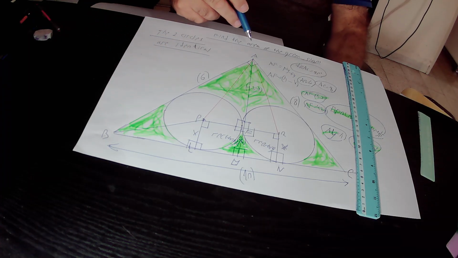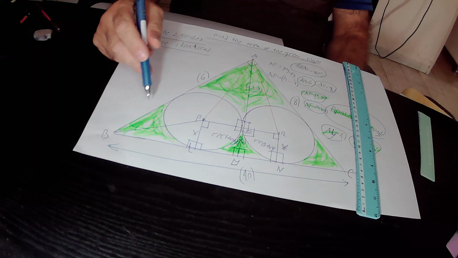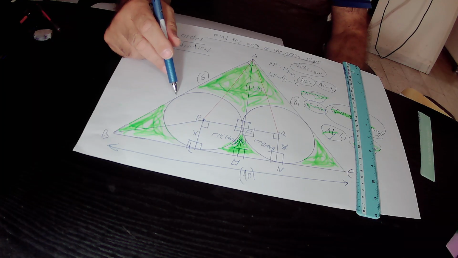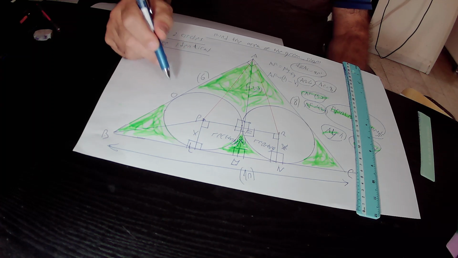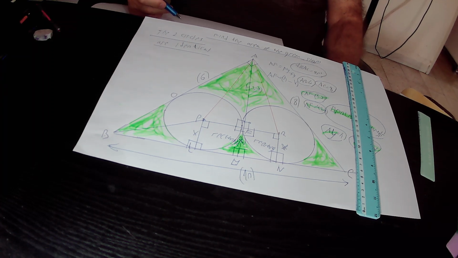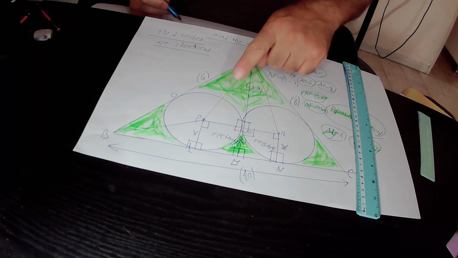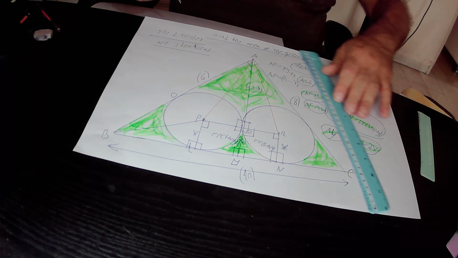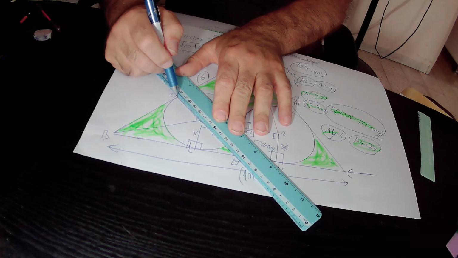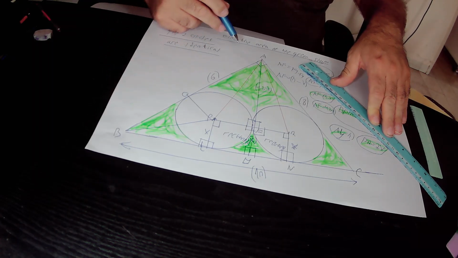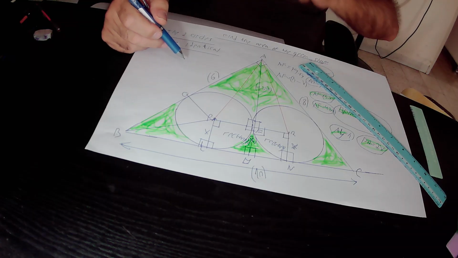We define the point of tangency of tangent AB with this circle, this point O, and we join points P and O together by a straight line. Point O is the point of tangency of tangent AB with this circle.